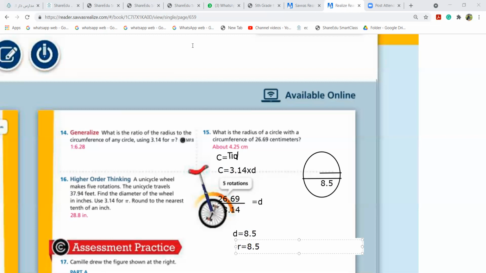If you make the diameter half, you get the radius. So if I do 8.5 divided by 2, I get 4.25. R equals 4.25.